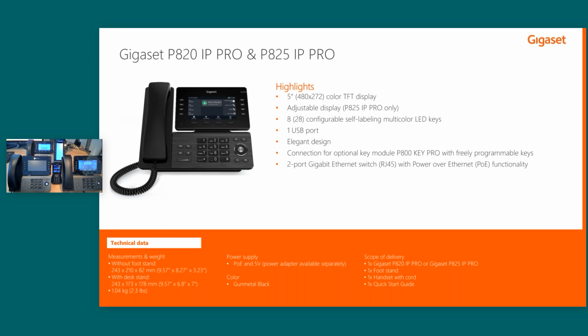Both have a 5 inch TFT display, 4 keys left, 4 keys right of the display, so 8 in summary, and this also on 3 sides. There is 1 USB port for headset and the key module.